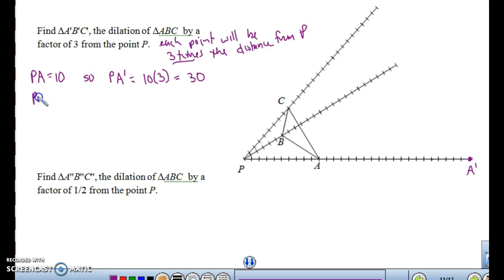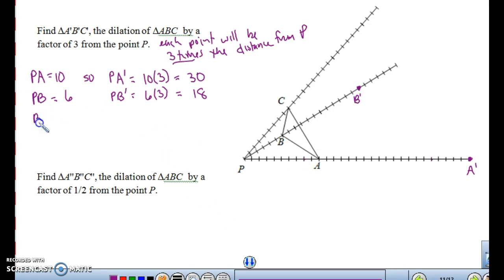PB. The distance from P to B is 6. So P to B prime will be 6 times 3, which will be 18. Counting up to 18, B prime will be there.